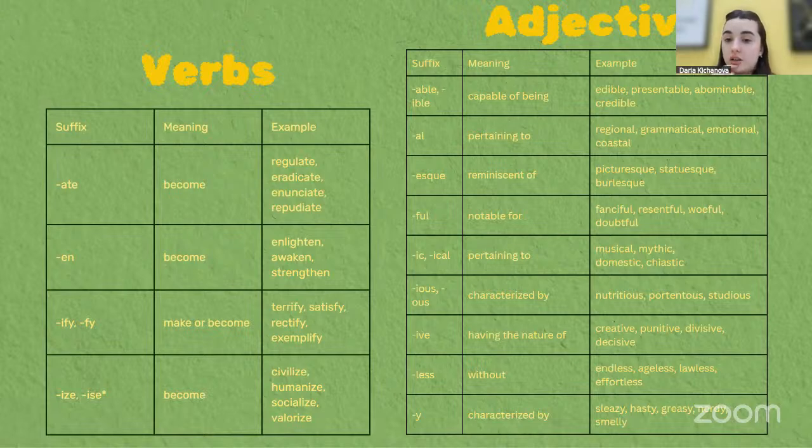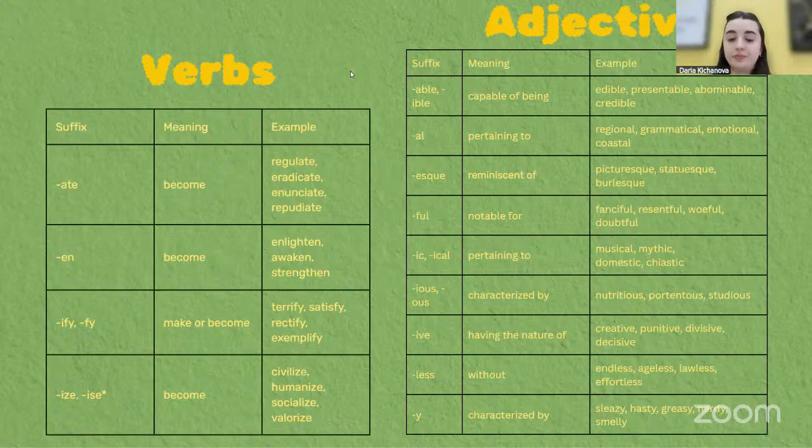And now let's talk more about adjectives, because there we have more changes and differences sometimes. But let's talk about the main groups, the main suffixes there. Able, al, esque, ful, ical, so historical, it's an adjective. Ous, ive, less, and the most popular is y.